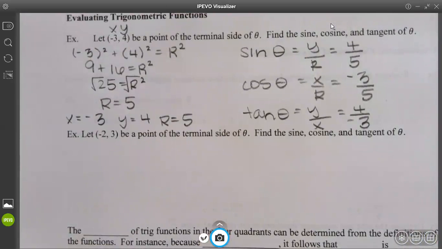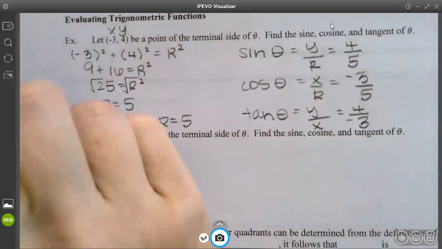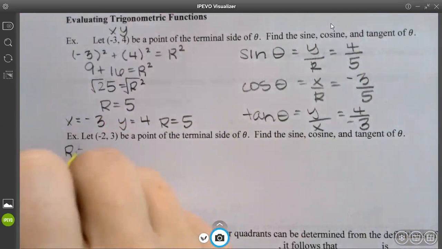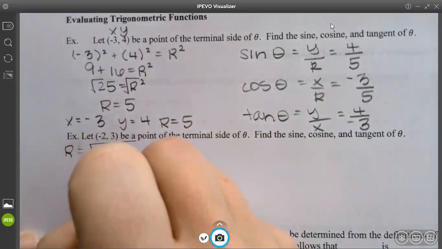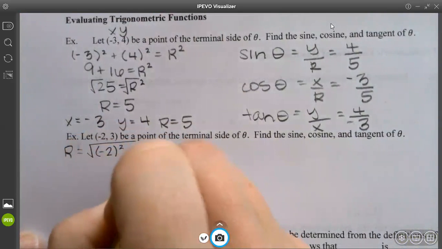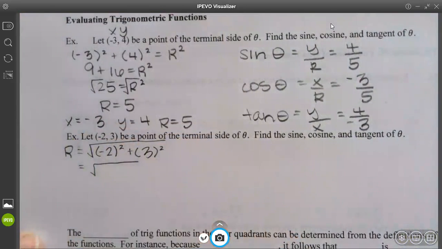So what do I have to do first? If I use the formula that they gave me, it's the square root of -2 squared plus 3 squared. I don't care which one you use.